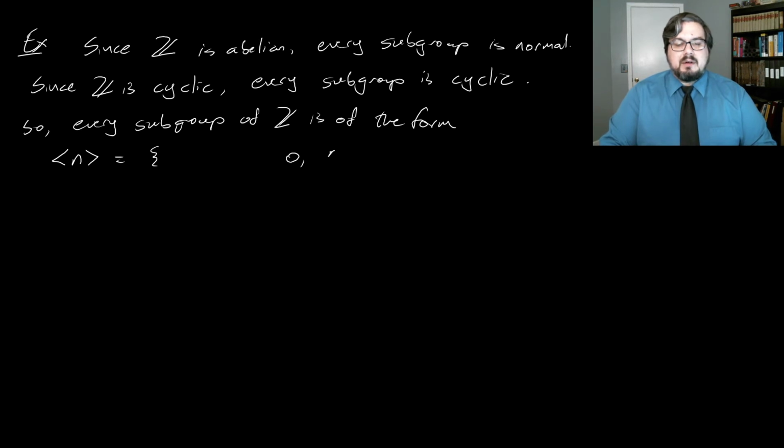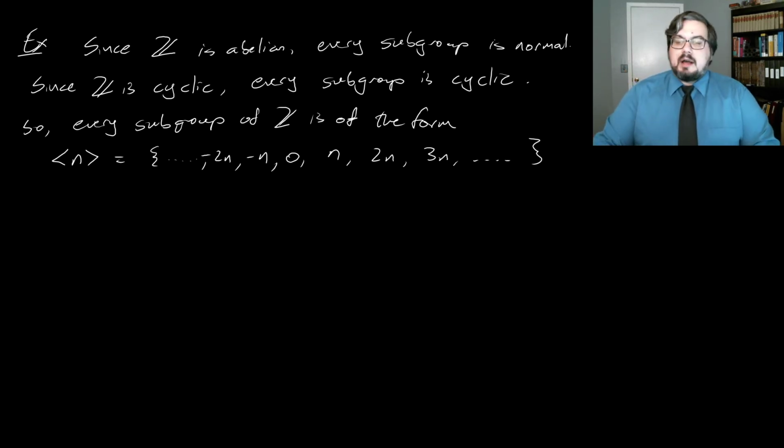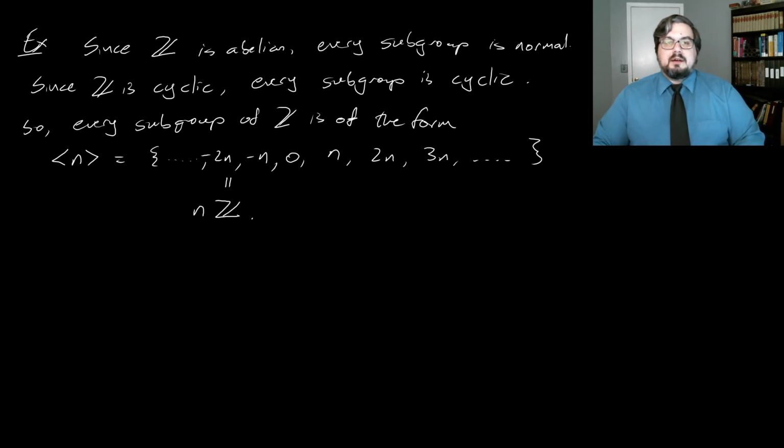So that'll be 0, n, 2n, 3n, etc. And then negative n, negative 2n, etc. back this way. We also called this set nZ, which also works. So every subgroup of Z is of the form here.